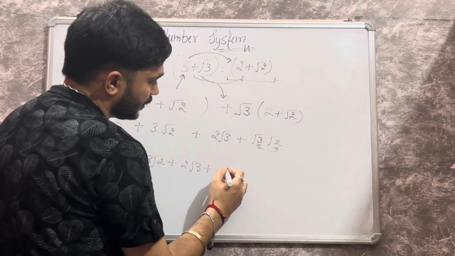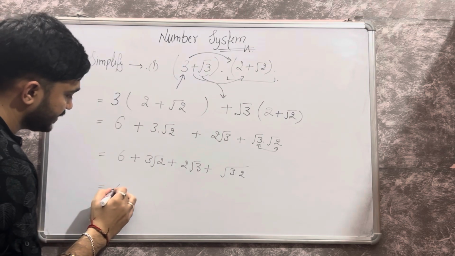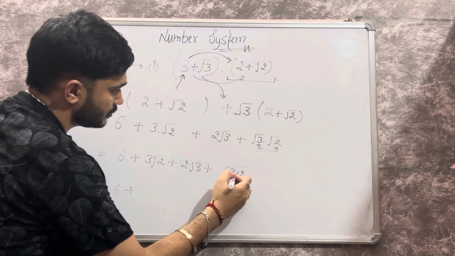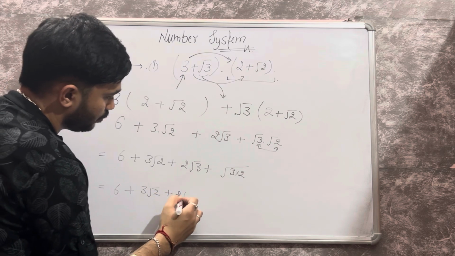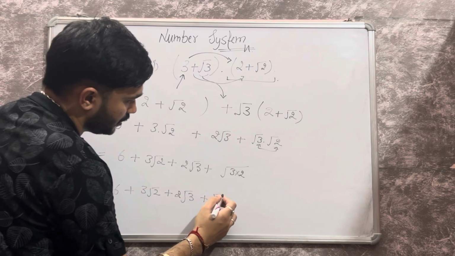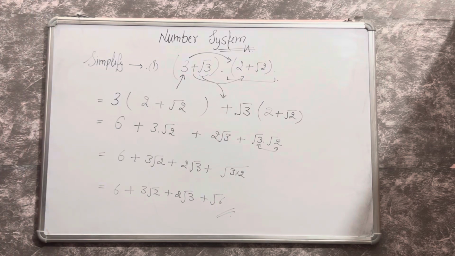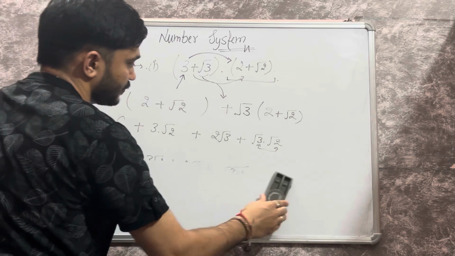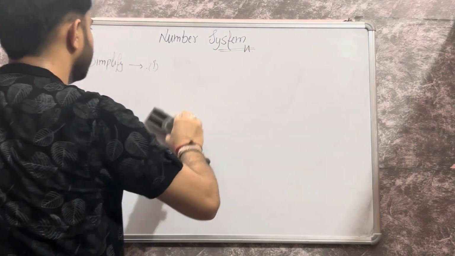So you're gonna get under root 3 into 2. You will get 6 plus 3 under root 2 plus 2 under root 3 plus under root 6 is the answer of this question. Any doubt?